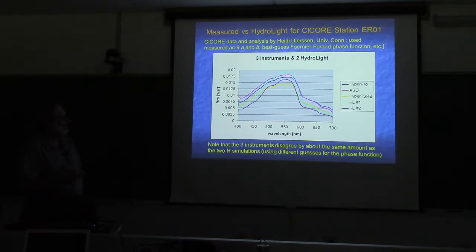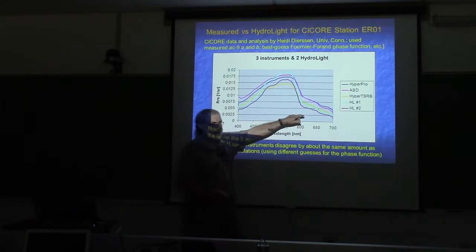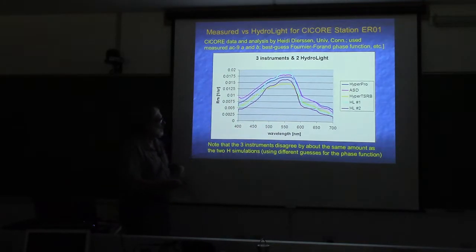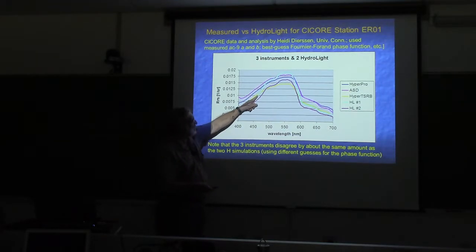So the blue line, the purple line, and the yellow line are all measurements. In principle, they would all be the same, but you can see what kind of differences you get from one instrument to the next. And then she did do 2 Hydrolight runs, kind of guessing phase functions because she didn't have that information. And so the teal color here is one Hydrolight run, and this one is the other one.